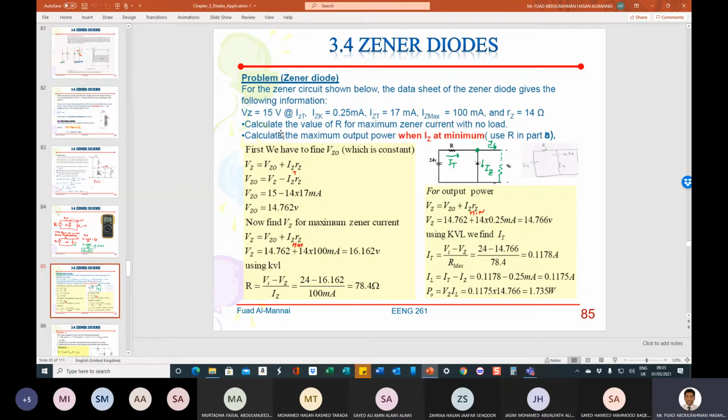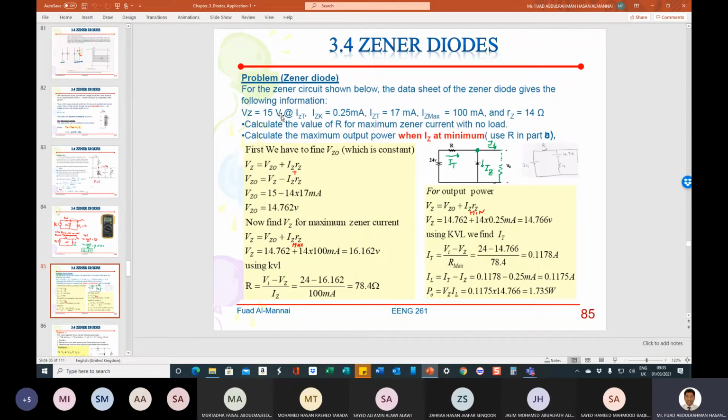For the Zener diode circuit shown below in this example, the data sheet of the Zener diode gives the following information. VZ is equal to 15 volt. So he drew this circuit, and he said in the data sheet VZ is equal to 15 volt.